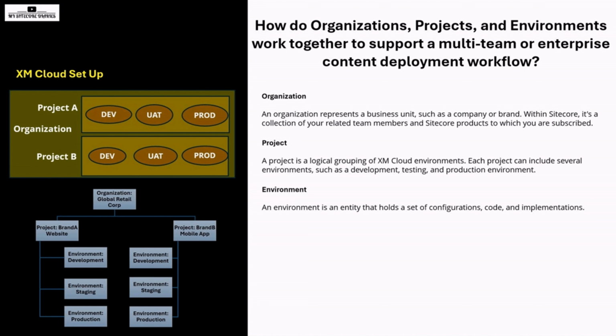Similarly, Global Retail Corp can have a brand A website and brand B website. Those are projects, and every project has its individual environments, non-prod as well as prod. You can have development, staging and production environments. That is how the real world example of an organization, project and environment structure works.